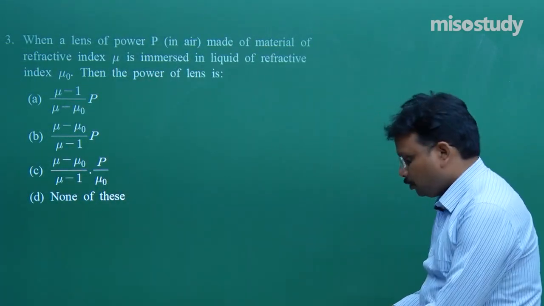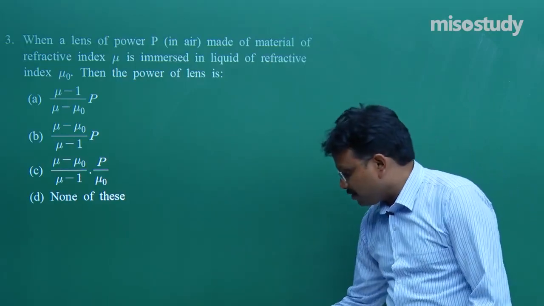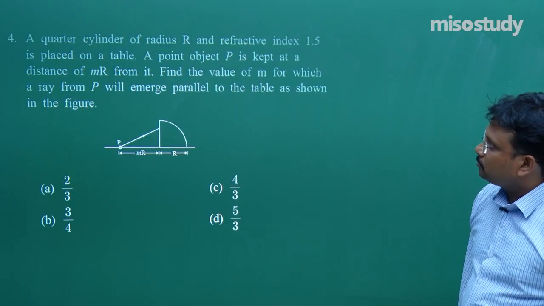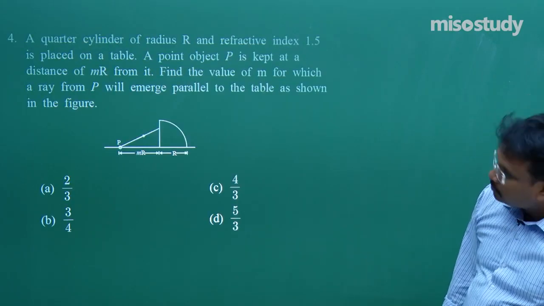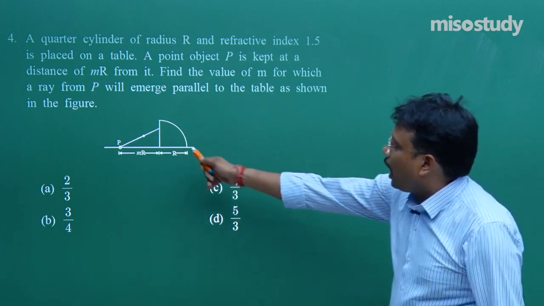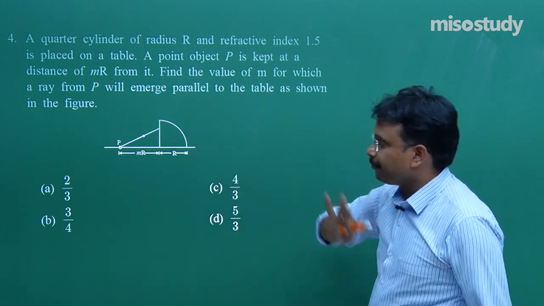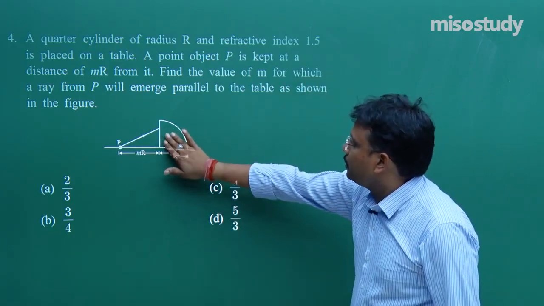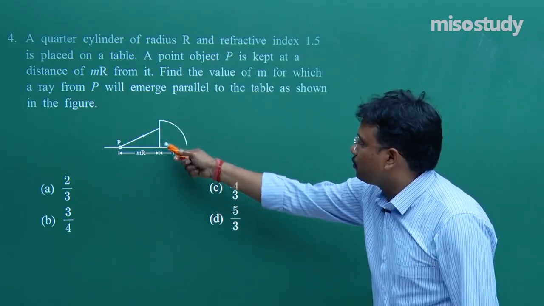Let us move away from this particular segment to the next question. Now, a quarter cylinder of radius r, diagram is given, and refractive index 1.5, this 1.5 mu for this quarter cylinder.